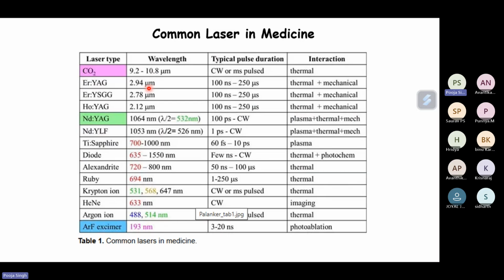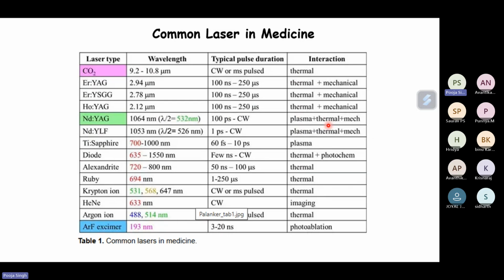So it depends upon the different areas and types of diseases which laser will be beneficial. So in selecting for that, you need to know what wavelength is required. Okay, and what's the impact of choosing this kind of wavelength, what it will do. So once it interacts with your body system, what will happen?